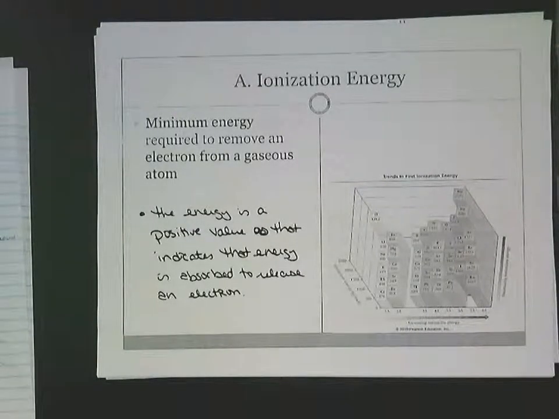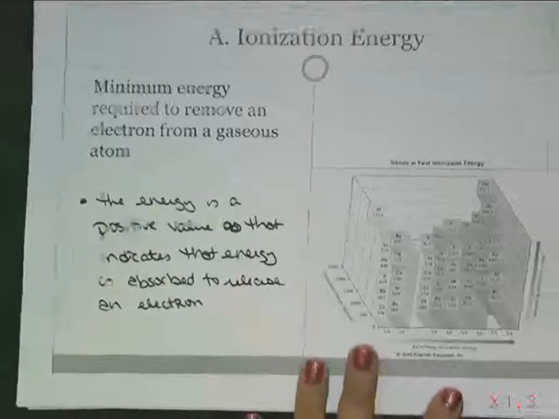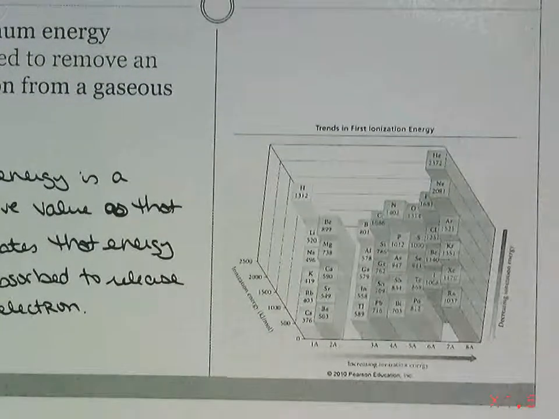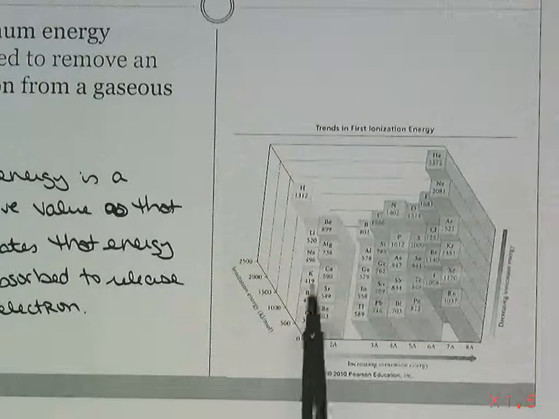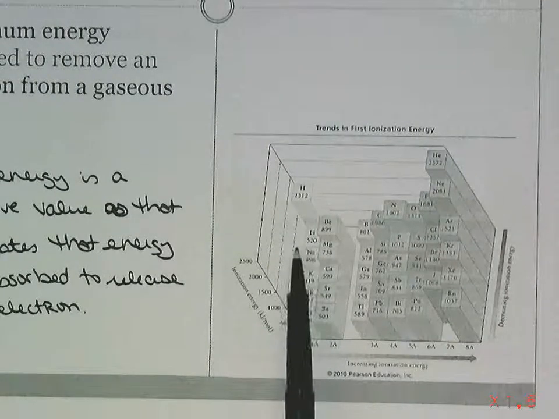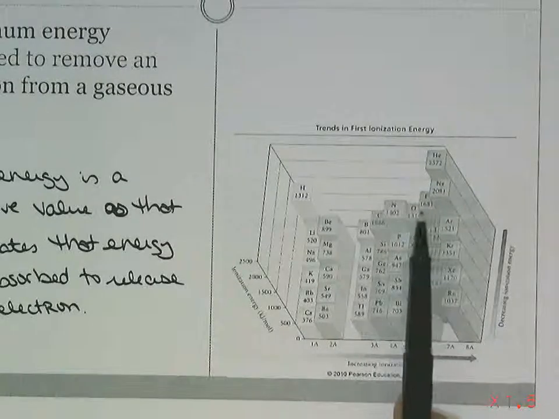So again, this figure's in your book. It looks a little funny on my slide. Let's see if I can zoom in a little bit. All right, so here I have just a little bit of the periodic table where we're looking at ionization energies. And you can see that the ionization energy of lithium is 520, where the ionization energy of fluorine is 1681.